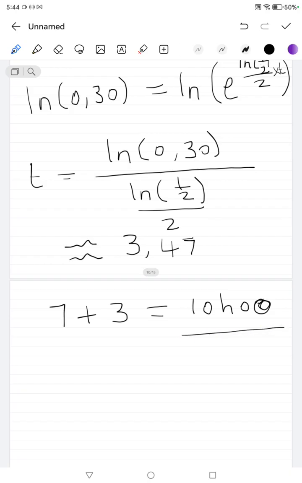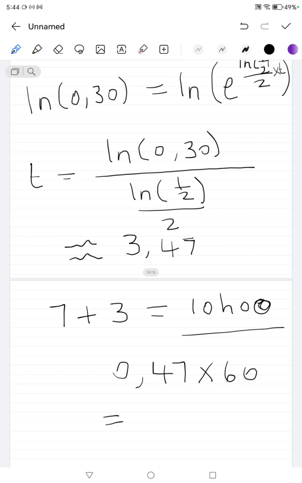But we are not done. Remember, we have the 0.47. So the 0.47, you have to multiply it by your 60 minutes. This is going to give us 28 minutes.